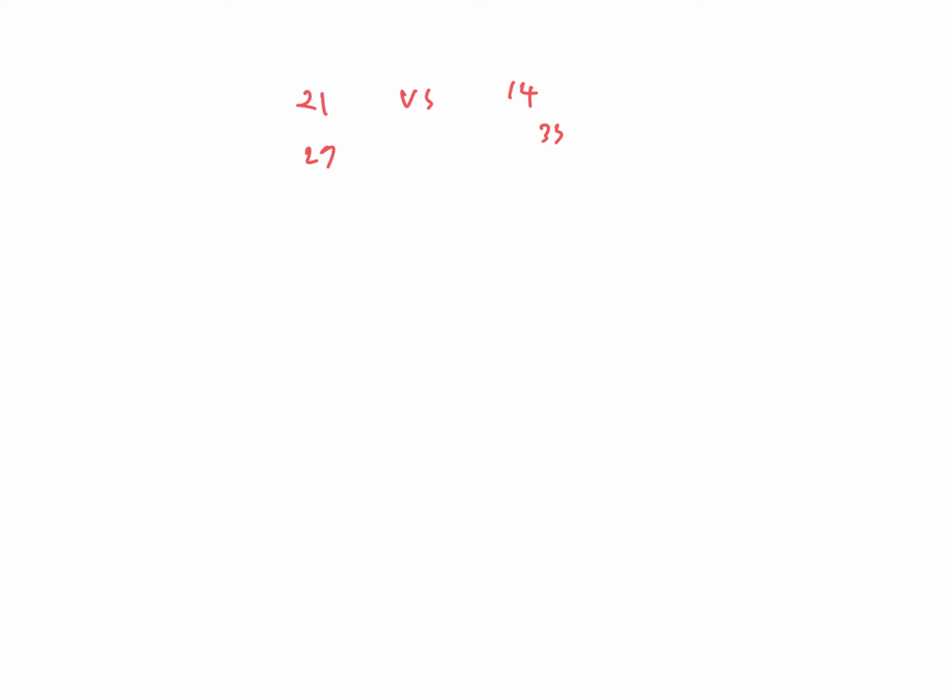Raise your hand for 21. 1, 2, 3, 4, 5, 6, 7, 8, 9, 10, 11, 12, 13, 14. Oh. 21. Okay, majority. So final on the 21st. I asked 14 first. I changed the order. I told you.